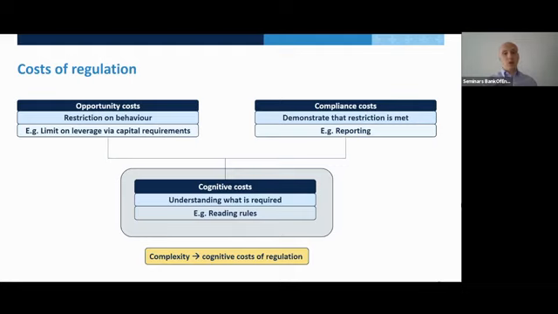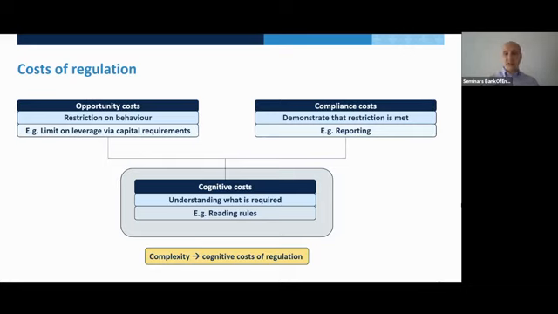And there are some cognitive costs, so costs which people that read regulations need to bear, costs that one needs to bear when understanding regulation, when reading the rules. And this particular project focuses on the last cost, on cognitive costs.